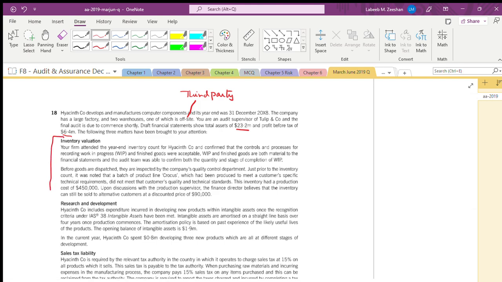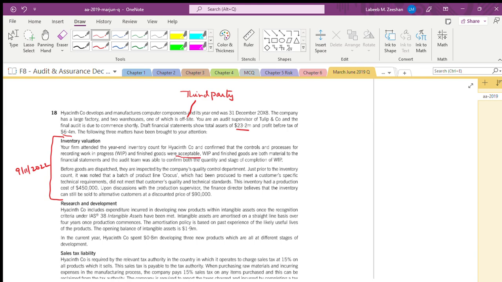We are only doing this one matter. Your firm attended the inventory count for Hyacinth's company and confirmed that the controls and processes for recording work in progress and finished goods were acceptable.